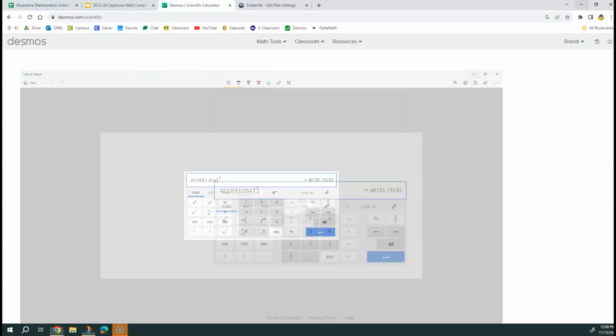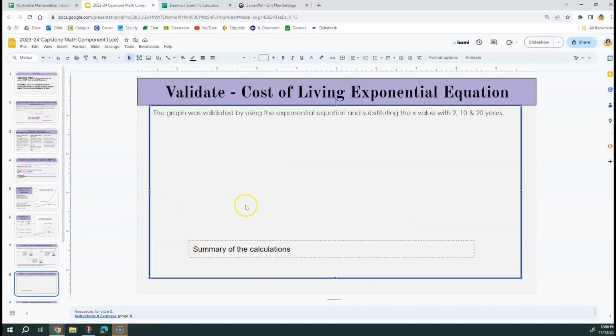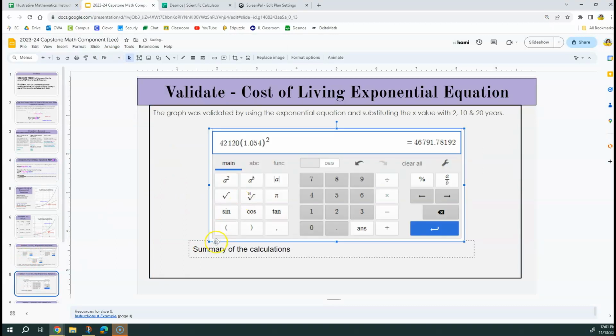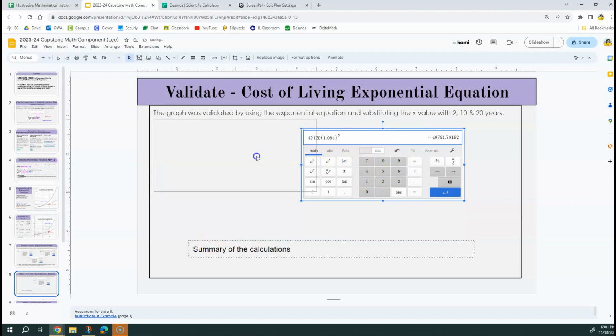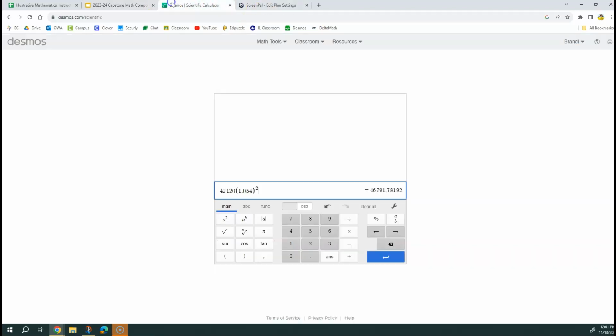Copy. Paste. Once again, I can arrange the size of those later. So my next one is 10 years. So heading back to my calculator, and I discovered I can pop right up here and erase the previous X value and put in the new one.